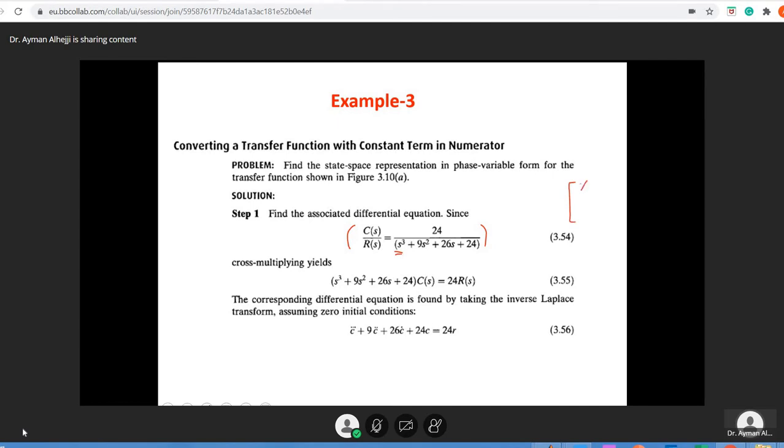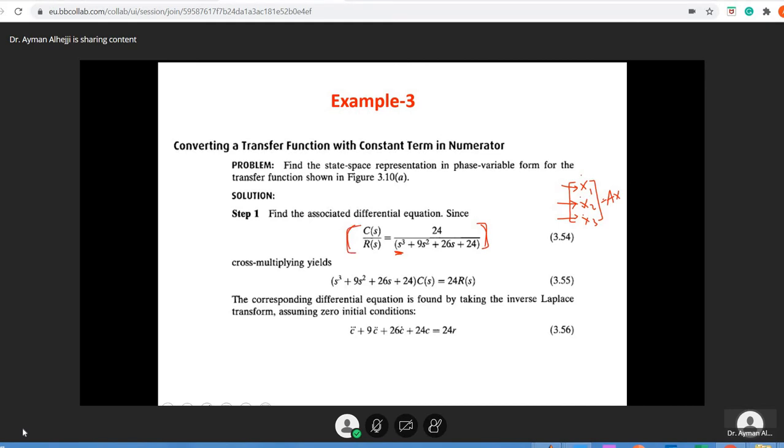So I will have x1 dot, x2 dot, and x3 dot, which is equal to Ax plus Bu, and so I need to measure each state behavior. That's why we convert this transfer function to state space.